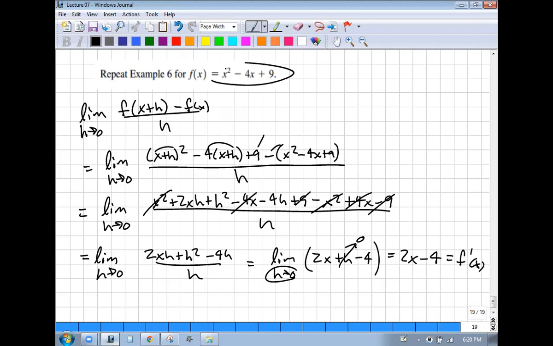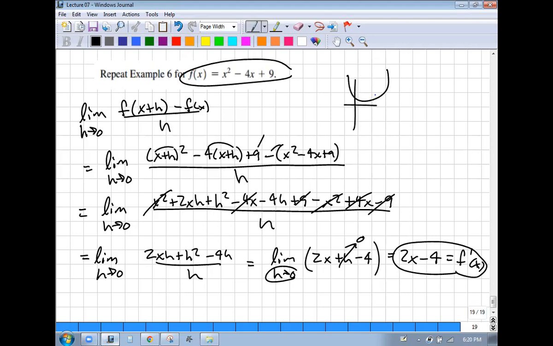So if this is f of x, this function tells you the slope of this function for any x. Because if you graph this thing, it would look like this. The slope is different everywhere. This tells you what the slope is. We like slopes. Slopes are rates of change. Business, right? How is your profit changing as time passes?